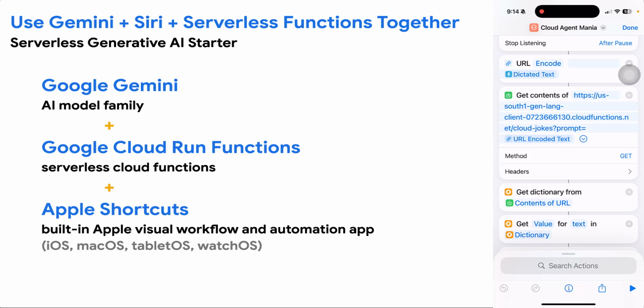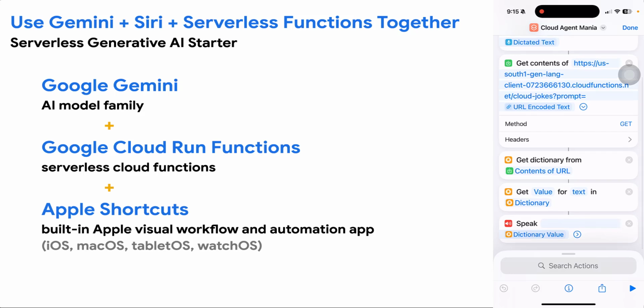It could be first name, last name, or surname if that's what's coming back in the data. But we know the way that we created our function was that the response from this Cloud Run function is going to return JSON with a property called text, with the value from Gemini in that particular value for text. Then it's going to read that and speak it.